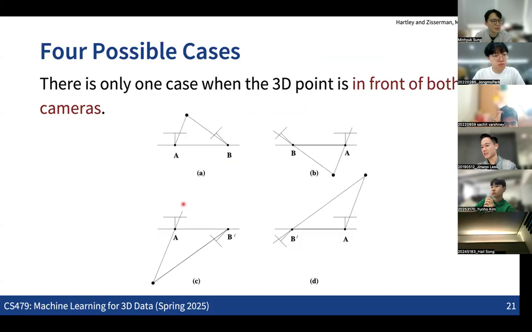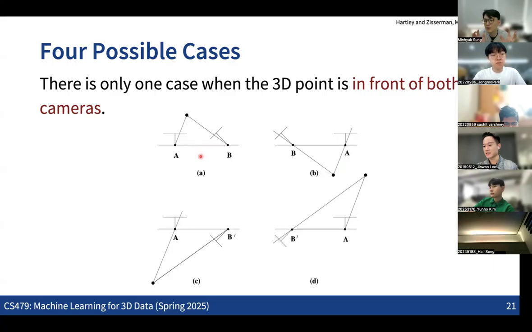But what we can say is that if we look at all those four possible cases, there is only one case where the corresponding 3D point is in front of both of the cameras. This means that when you shoot the ray, it should be shooting in the positive z direction, not the negative z direction. So only one case has both of the images shooting rays into the 3D point that we have.